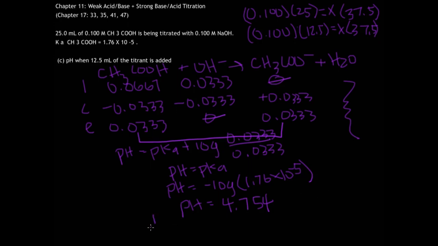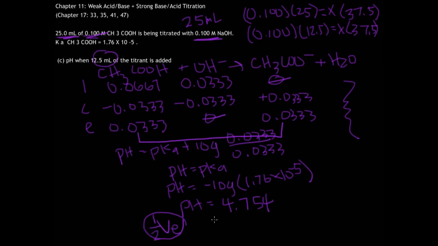And I told you that this is a very, very special point of this titration. It's called the half equivalence volume. So we started off both 0.1 molar acid, 0.1 molar base, same concentration. So if you had 25 milliliters of acid, 25 milliliters of base is where our equivalence point should be. 12.5 milliliters of base is half of that, half of the equivalence volume.